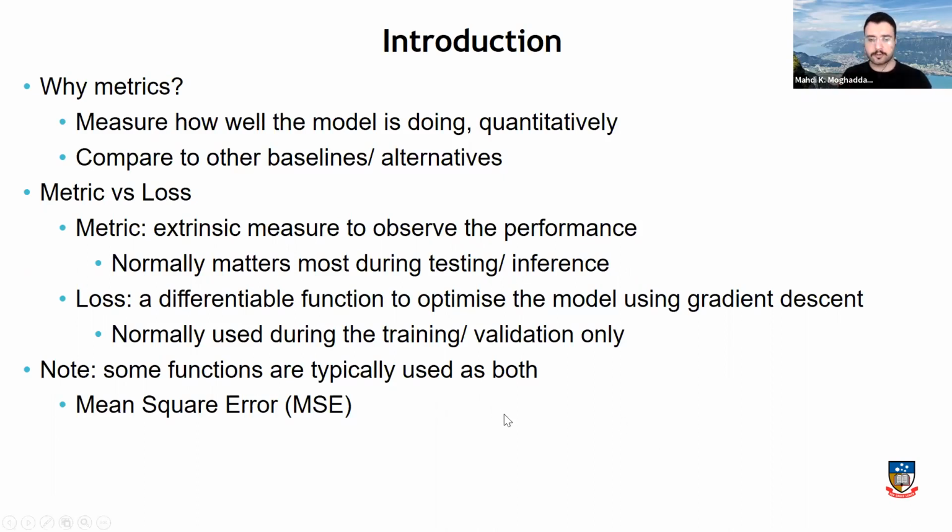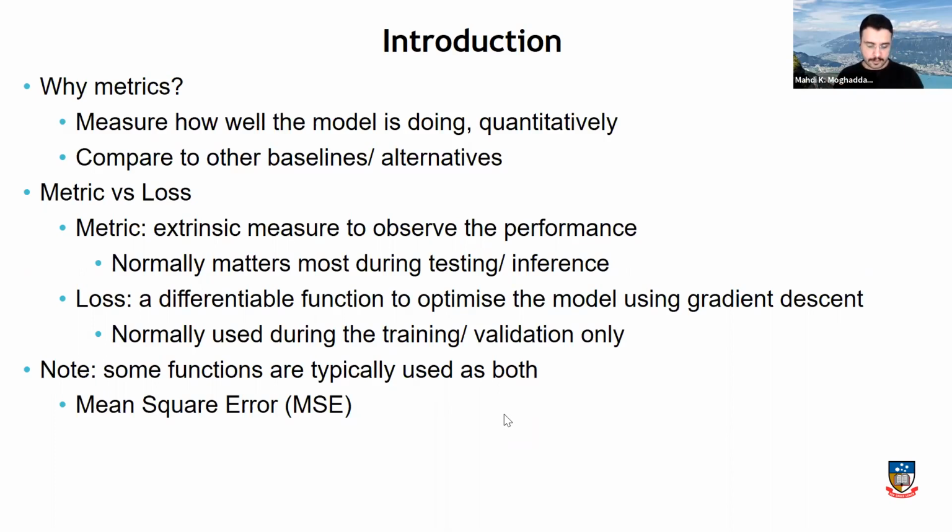For example, if you're using neural networks, you feed your input to your model, you get an output, you compare that using a loss function with the expected output if you're using supervised learning, and you get a number in terms of how your model is doing. Then you use that number to calculate the gradient, and you use gradient descent to backpropagate and update the parameters of your model.